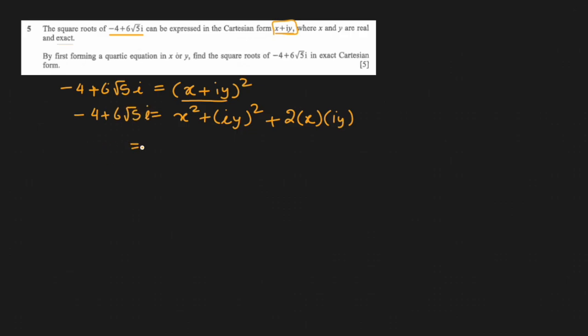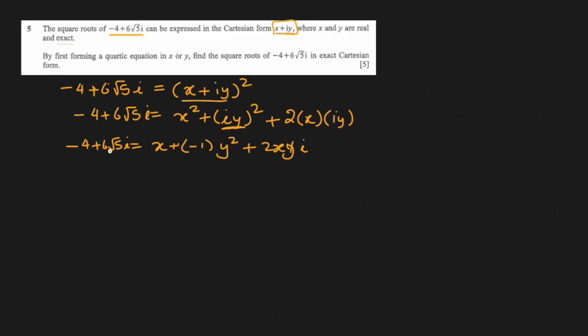So it becomes x square, but this will become i square y square, and i square is negative 1. So I can write negative 1 in place of i square, and y square will remain y square, plus 2xyi, equal to minus 4 plus 6 square root 5i.